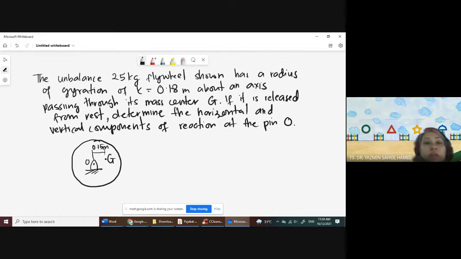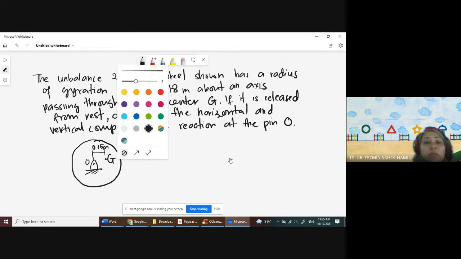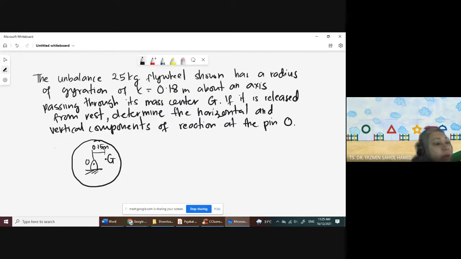The unbalanced 25 kilogram flywheel shown has a radius of gyration k of 0.18 meter about an axis passing through its mass center G. If it is released from rest, determine the horizontal and vertical components of reaction at the pin O. So what is our first step?